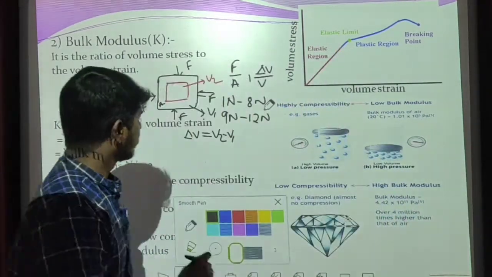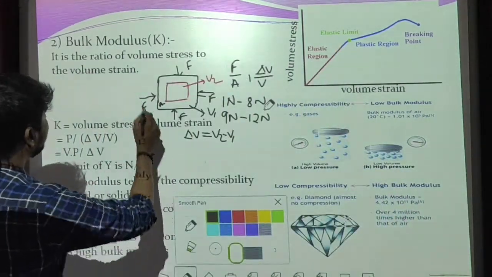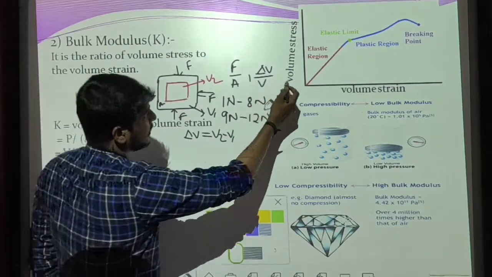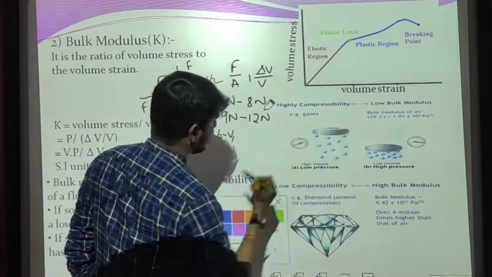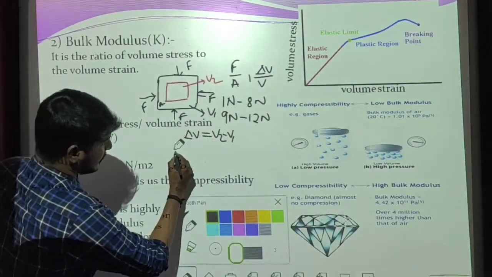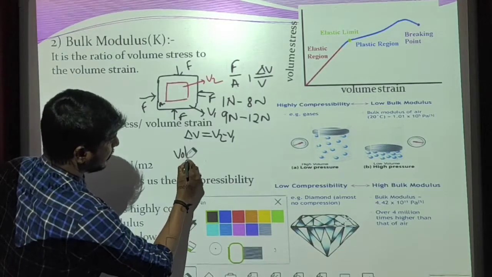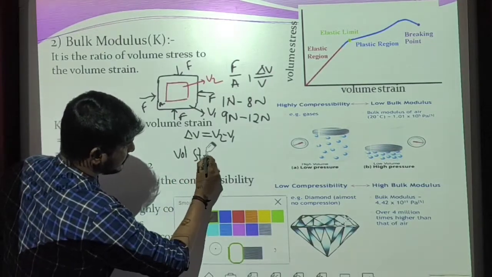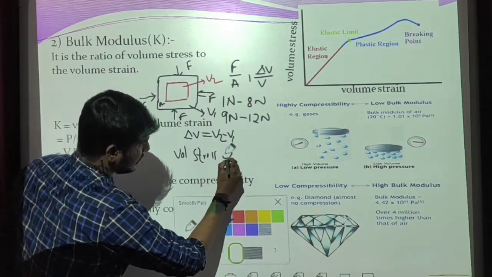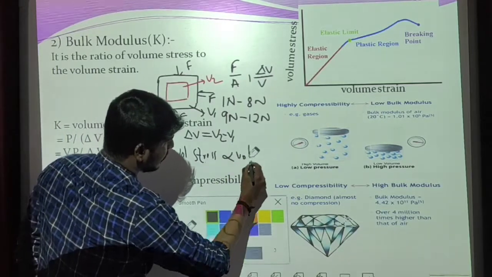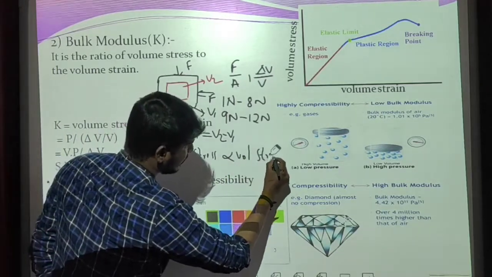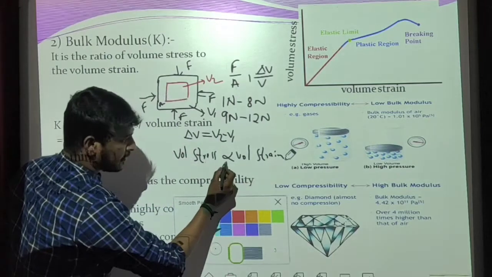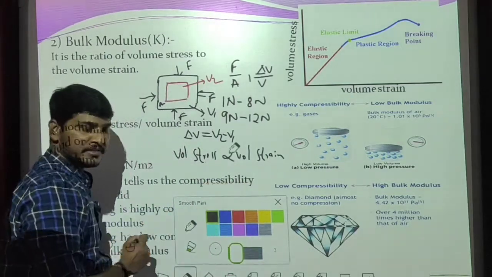Okay, here we define bulk modulus. For this case, within elastic limit volume stress is directly proportional to volume strain. And here we are going to remove this proportionality sign.